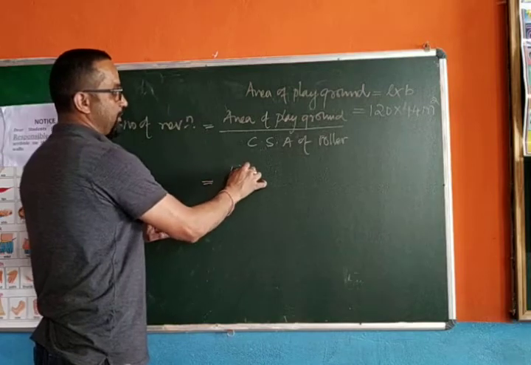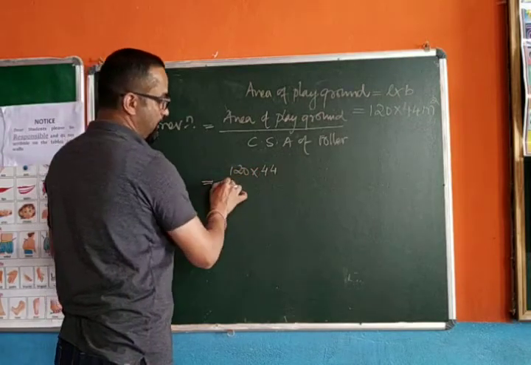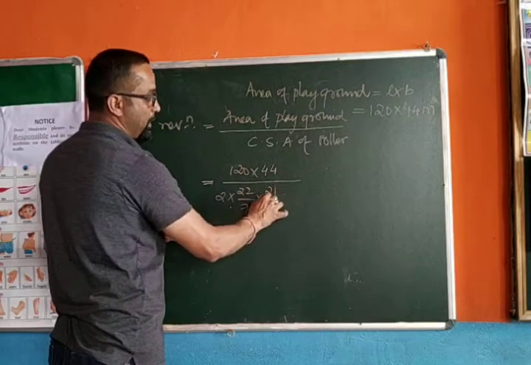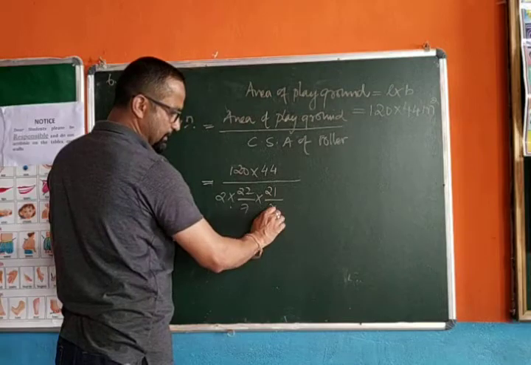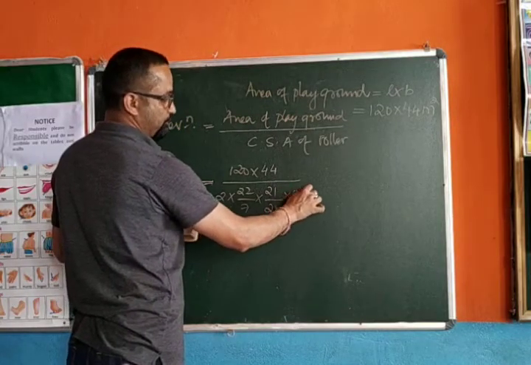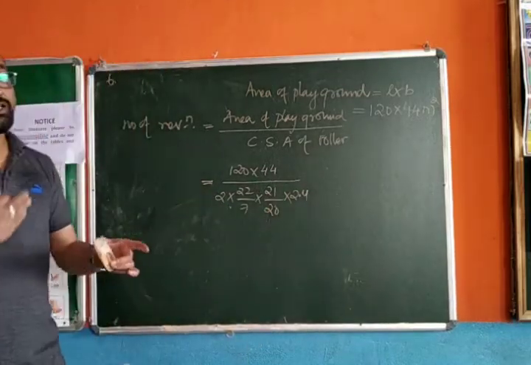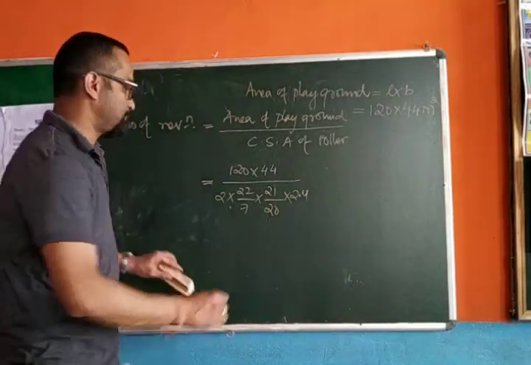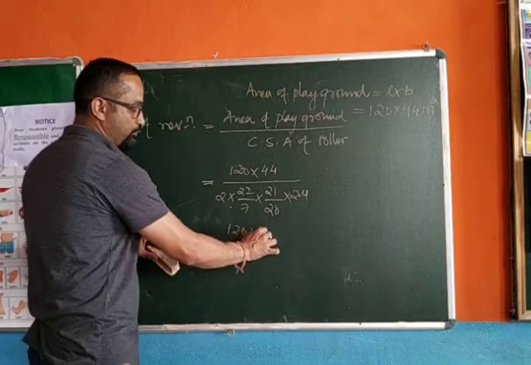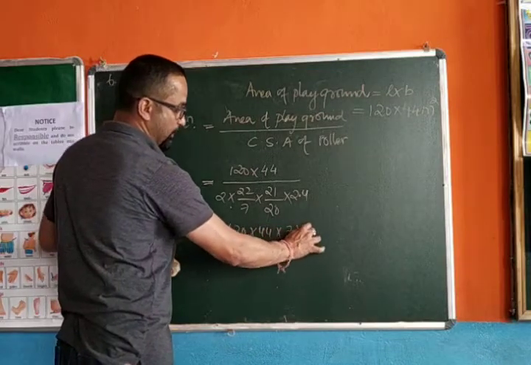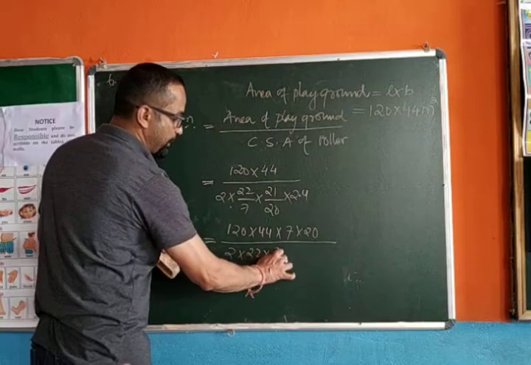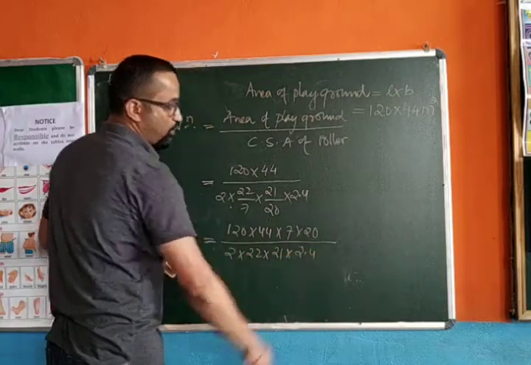So it is 120 into 44 divided by 2 multiplied by 22 upon 7 into 21 upon 20 multiplied by 2.4. This has to be simplified in order to get the number of revolutions. We reciprocate this: 120 into 44 into 7 into 20 divided by 2 into 22 into 21 into 2.4.